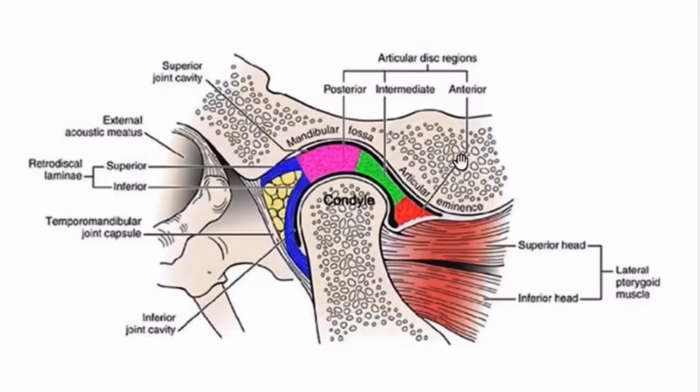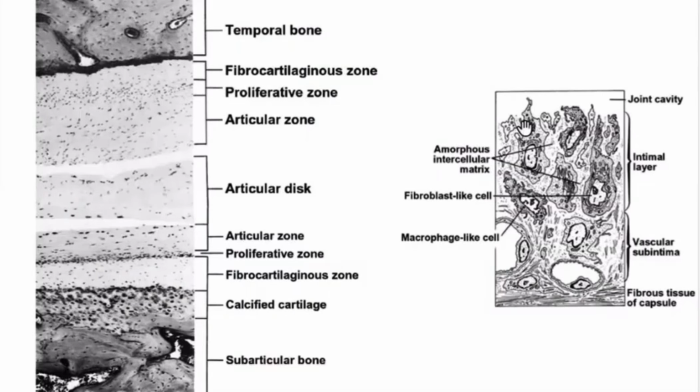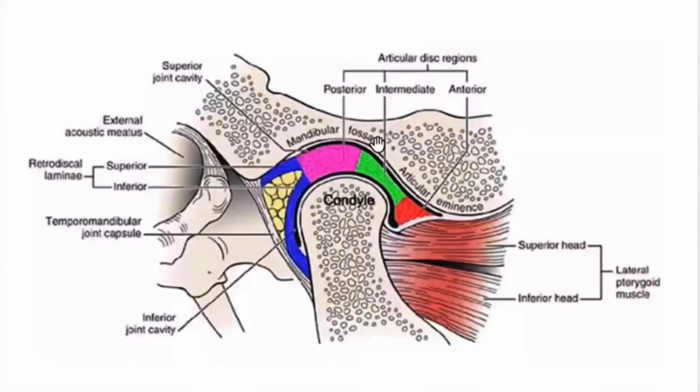The synovial fluid is produced by synovial cells, the synovial layer of cells, which is the innermost layer of the capsule. The sliding surfaces of the bones are covered not by hyaline cartilage here, but by something called fibrocartilage.